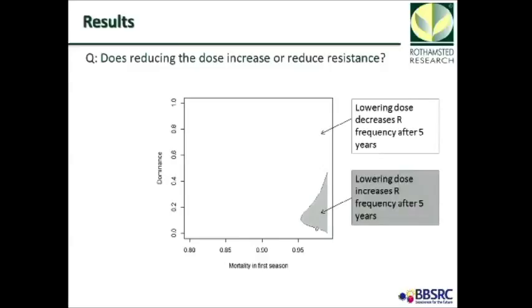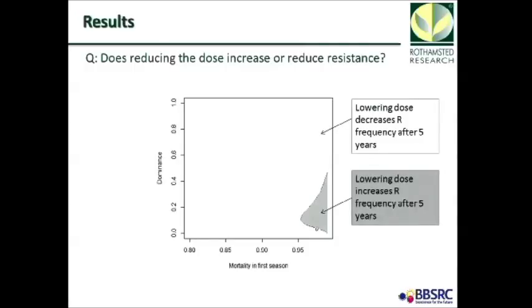So down here we have a recessive allele where the heterozygote is as susceptible to the insecticide as a susceptible homozygote, and at the top a dominant resistant allele. And what I'm showing on this graph is whether or not lowering your dose from 100% of a labeled dose providing this mortality to 50% of that labeled dose increases or decreases the resistance frequency after 5 years.